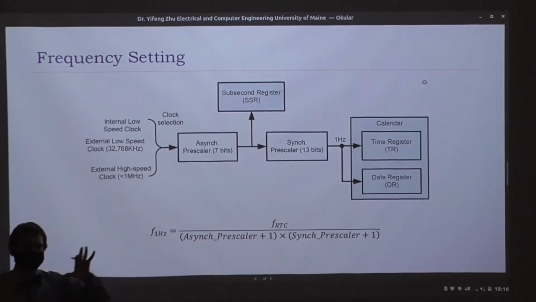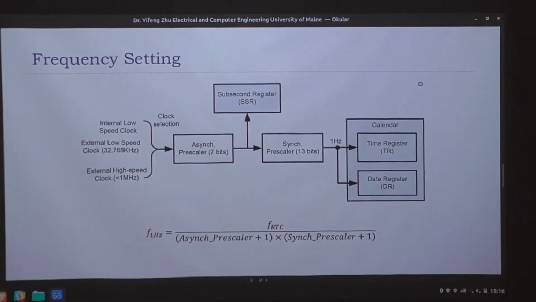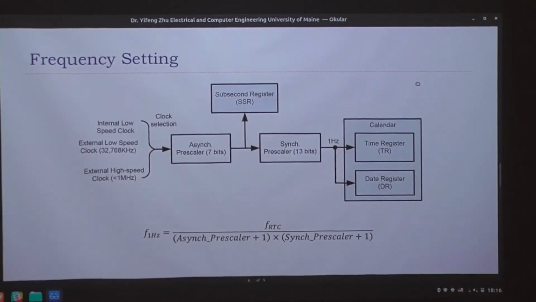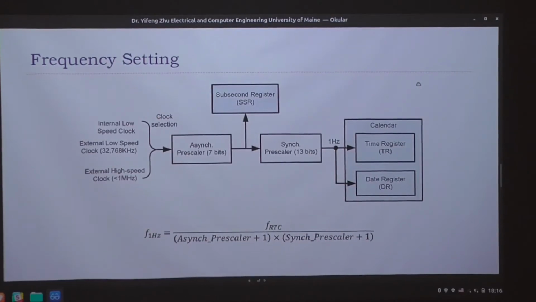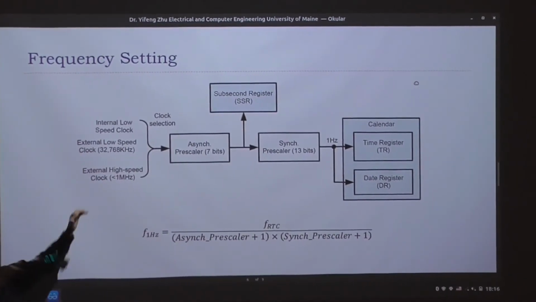I'm going to say about this slide, don't memorize it, okay? But we still should present the information on it, all right?